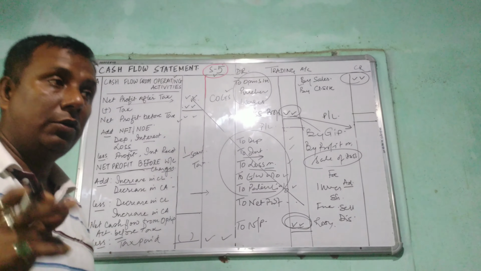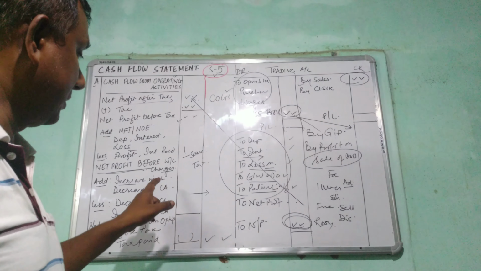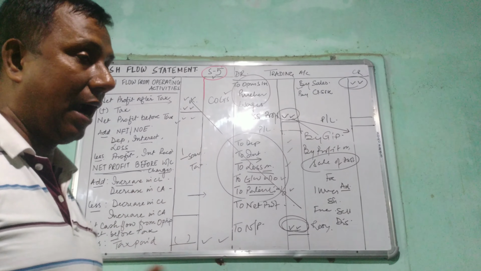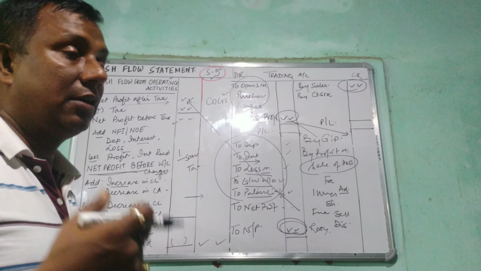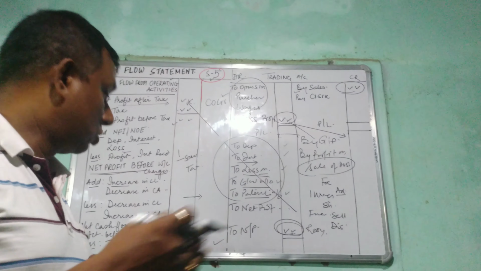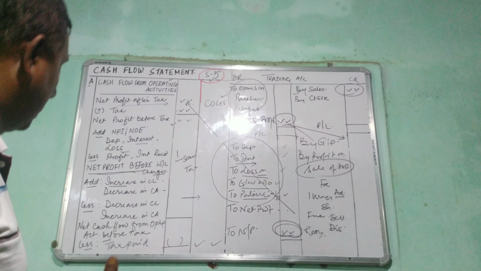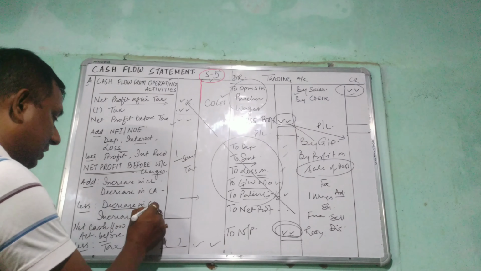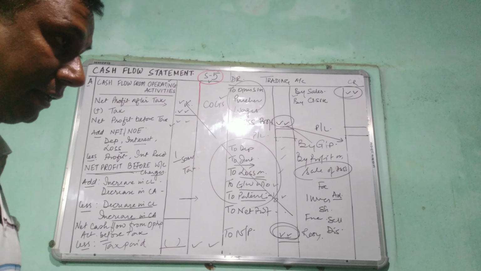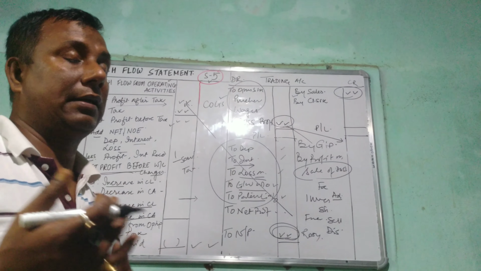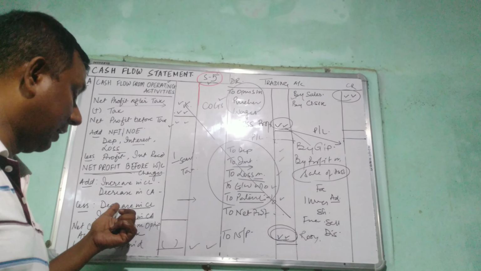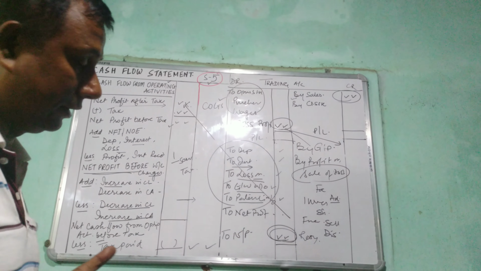You compare: if there is an increase in current liabilities, we will add it, and if there is a decrease in current assets, that means money is coming, so that is an increase. And less, we deduct the decrease in current liabilities and the increase in current assets. If current assets are increasing, then we deduct it, and if current liabilities are decreasing, then we are going to deduct.